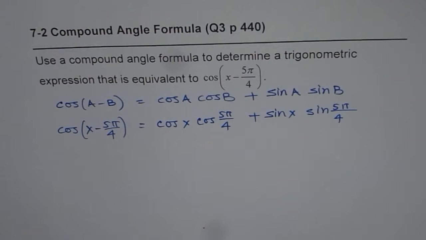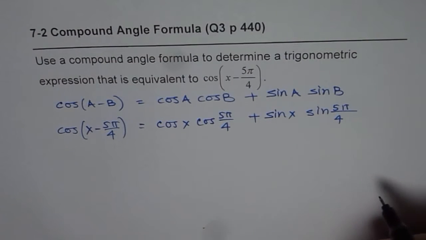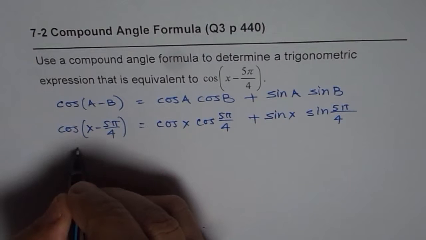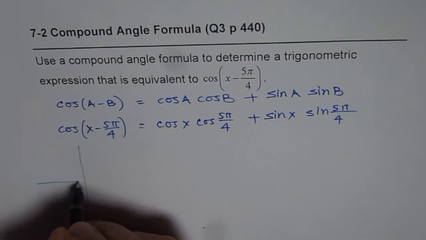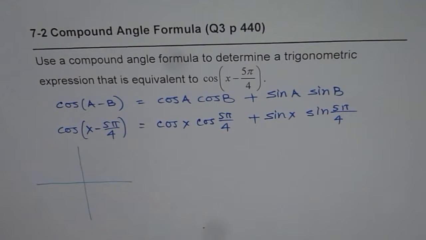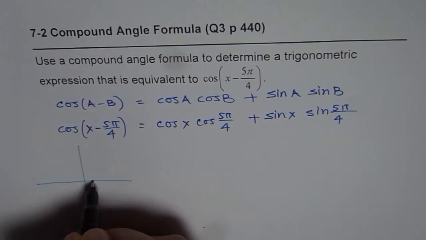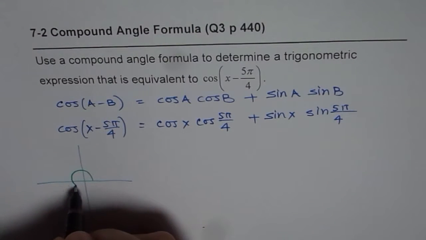Now the question is, what is sine of 5 pi by 4 and what is cos of 5 pi by 4? So for that, what we will do is, we will consider the coordinate plane, correct? These things will help you to understand so that you can do better in your own test, right? Now, sine 5 pi by 4, that means this pi has got 4 portions here, one more, right?